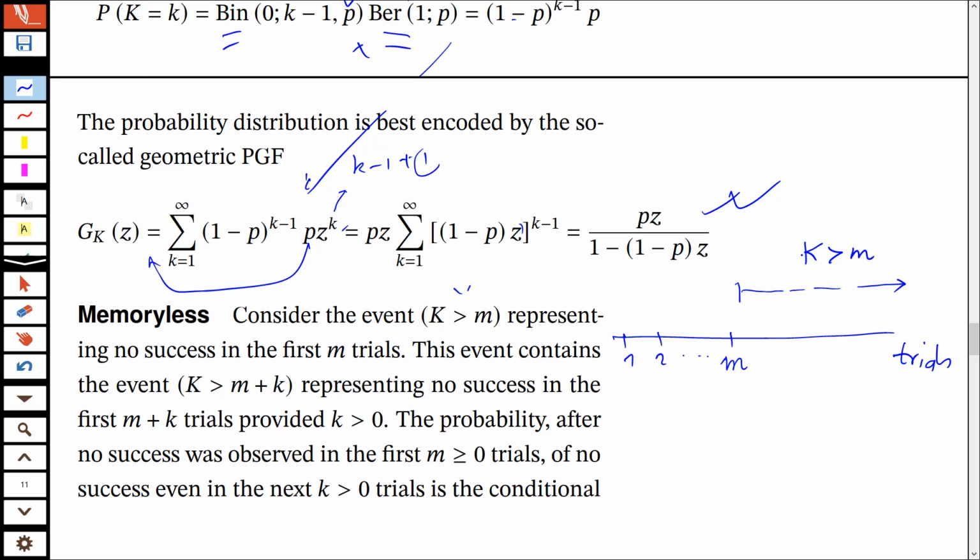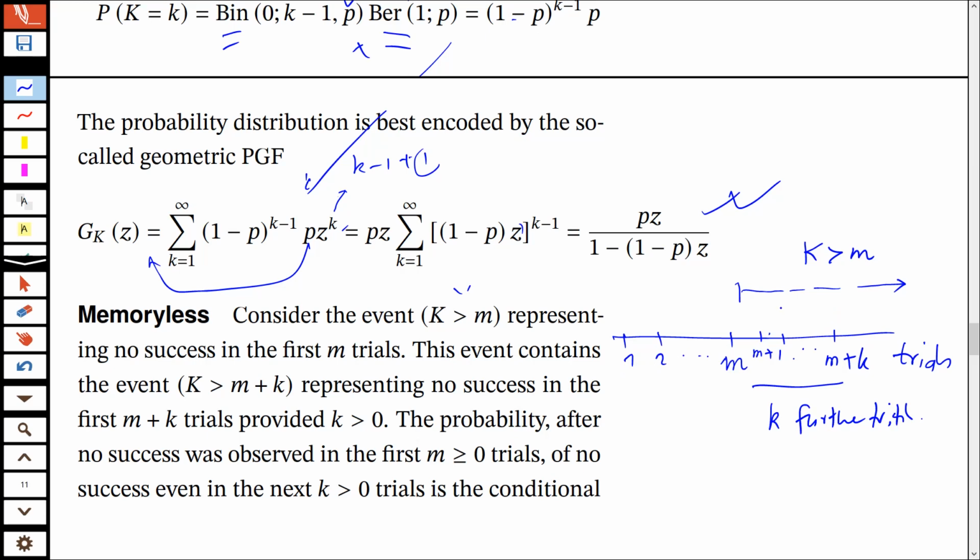Now let's say I want to ask a question right at this point. I was unlucky, I could not observe a success. What is the probability that the next k trials are still not fruitful? So next k would mean that this will be m plus 1, m plus 2, and this will be m plus k. Remember, I am looking for the further k trials.